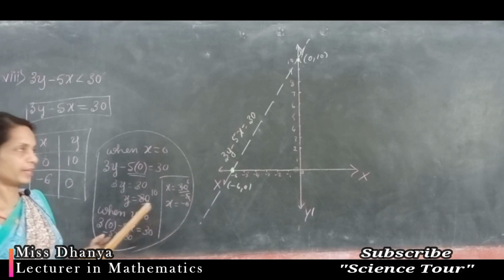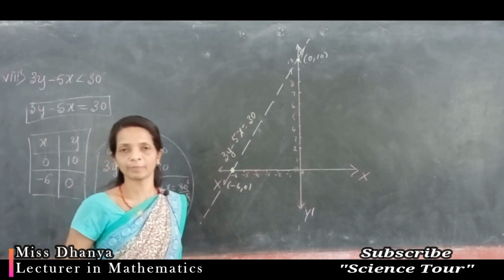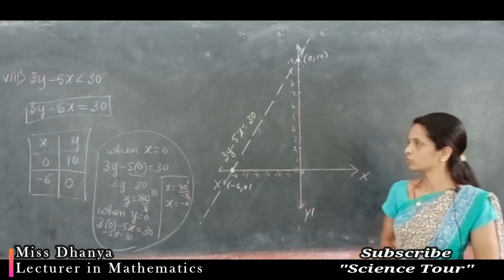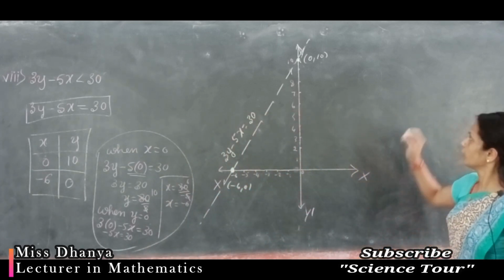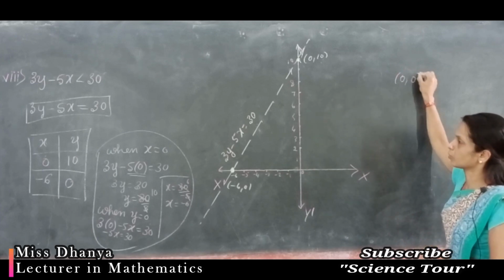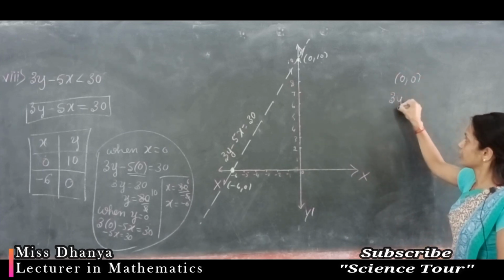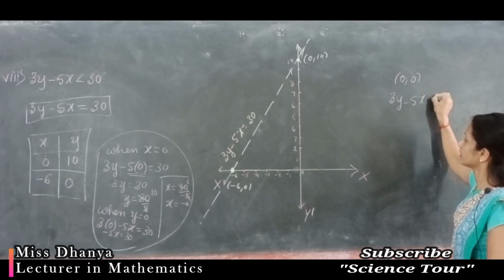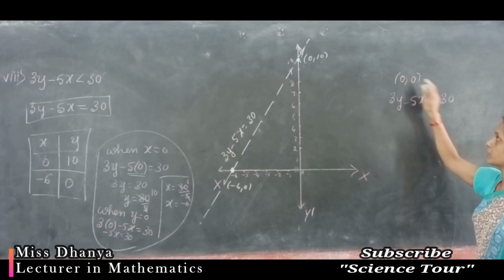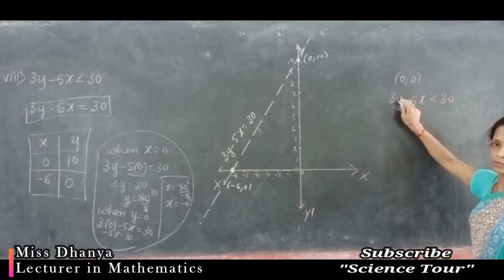Now which half plane, upper half plane or lower half plane, will be the solution region? You cannot imagine as it is. So you have to take one checking point. We take the checking point 0, 0 for the given inequality 3y minus 5x less than 30, okay. And replace x with 0, y also 0.